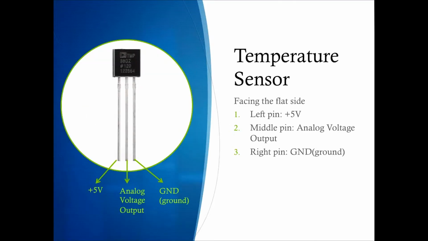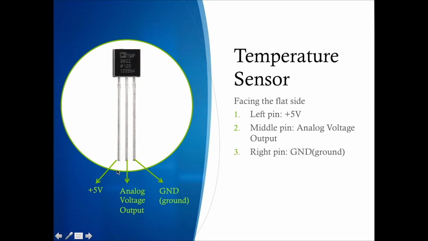Now let's look at the new component we're going to use in this project, the temperature sensor. If you look at the top of your temperature sensor, you can see that there's one side that is flat and the other side that is curved. Let's turn it so that the flat side is facing you. As you can see, there are 3 pins under here.